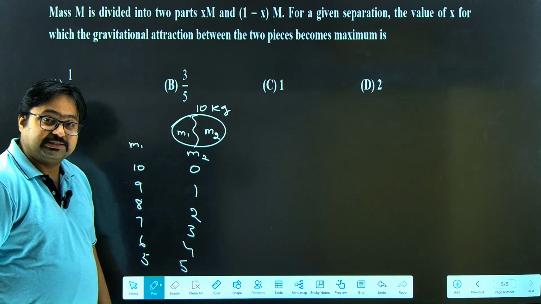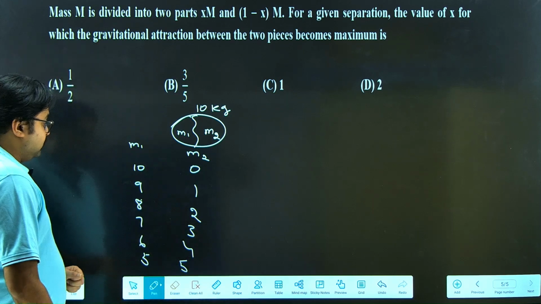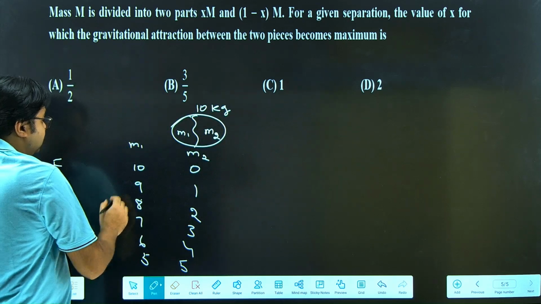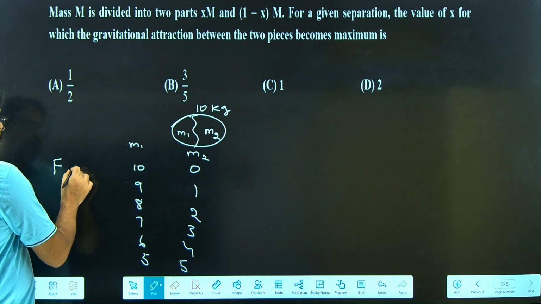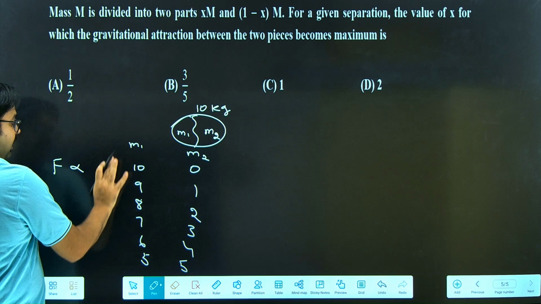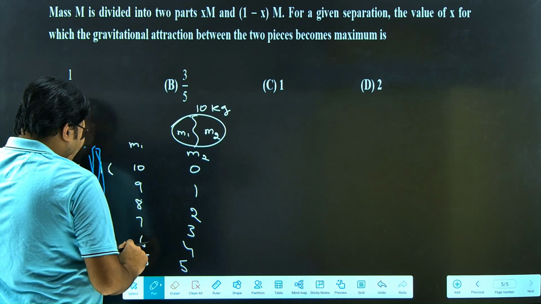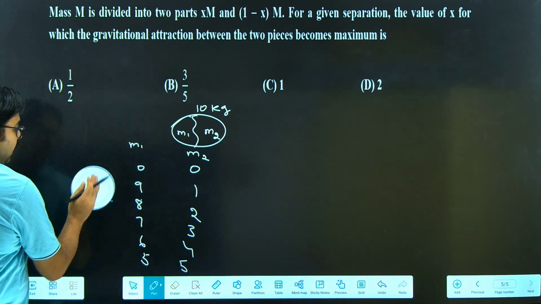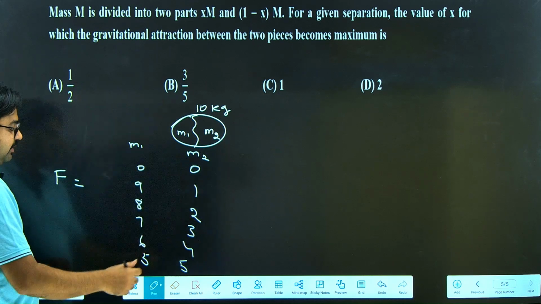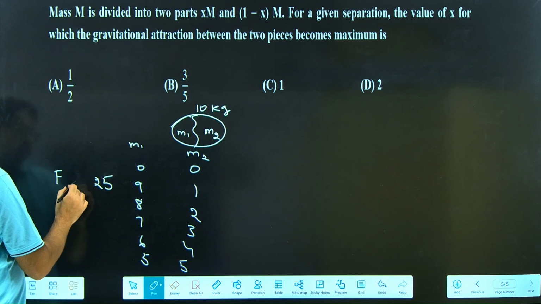The reason why I'm writing this, it could look very trivial, but I want to convey a message. The force between the two fragments when they are separated depends on the product of the two masses. So because it depends on the product of the two, 10 into 0 would give you 0, 9 into 1 would give you 9, 8 into 2 would give you 16, 7 into 3, 21, 6 into 4, 24, 5 into 5 would give you 25.